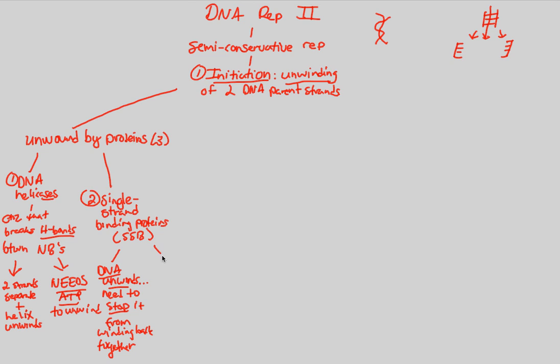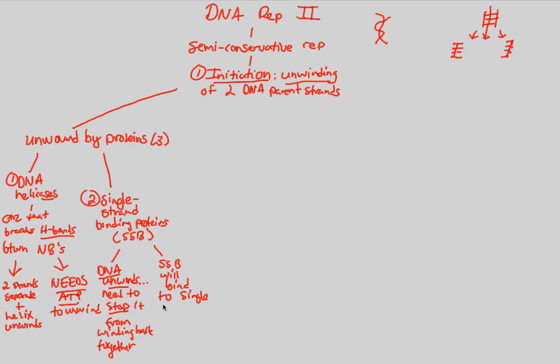And specifically, these SSBs will bind to single strand, because remember, once we've split them up like this, I'm going to take some SSBs, these circles, and attach them right there, and attach them right there, so that these guys stay away from each other.